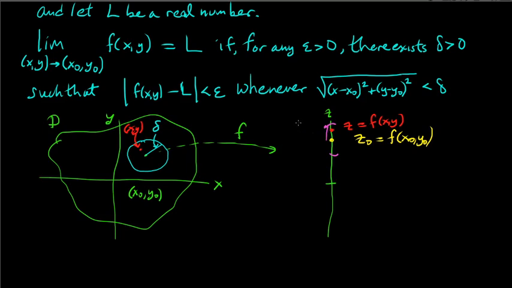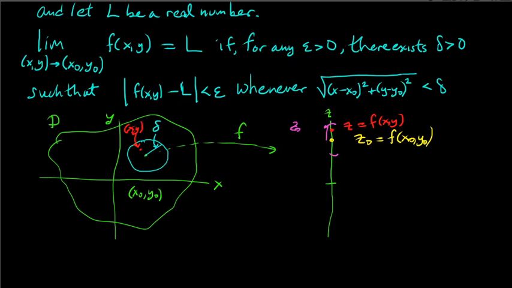So this could be z0 plus epsilon or z0 minus epsilon. Somewhere in this band has to be the value of the function, z.